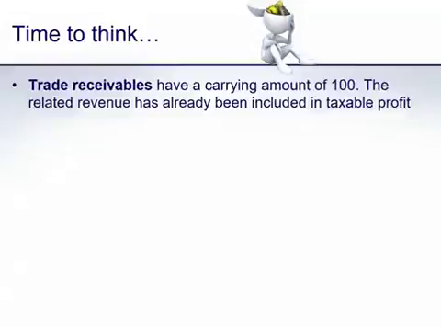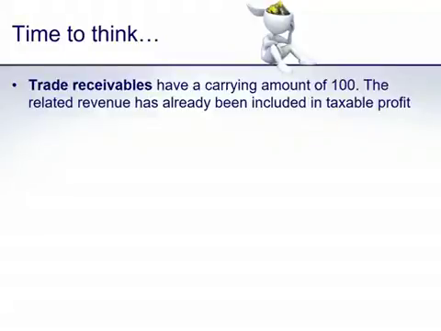For our next example, trade receivables have a carrying amount of 100. The related revenue has already been included in taxable profit. Now, those of you that remember the definition of the tax base of an asset from a couple of slides back would recall that I said if the future economic benefits are not taxable, IAS 12 assumes that the tax base equals the carrying amount. In this case, the entity has already paid tax when they first accrued for this amount on their balance sheet.